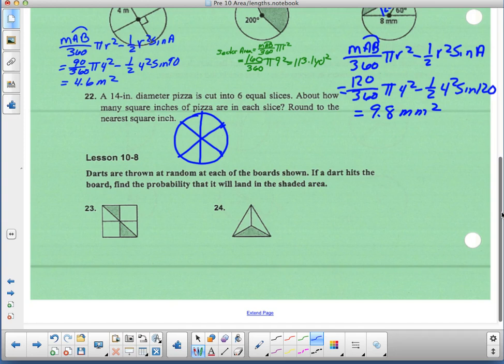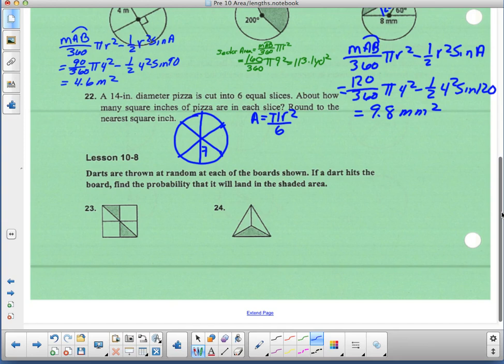So I know right now my radius is 7, so I know I'm not going to do anything fancy. I just know that I'm going to equally split up my area. So I've got area is equal to pi r squared, and I'm going to split my area into 6 even slices.